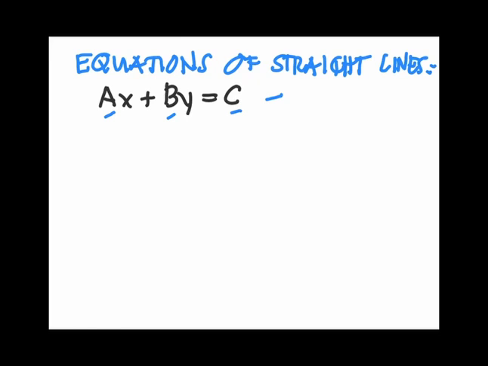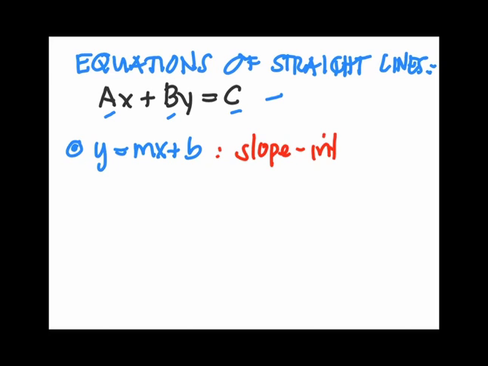It can be written in other forms, such as y is equal to mx plus b. This is what we call the slope-intercept form, the equation of the line.